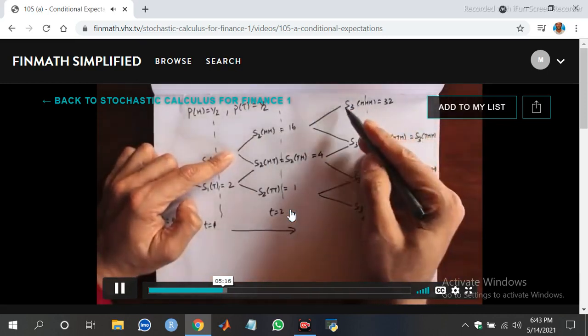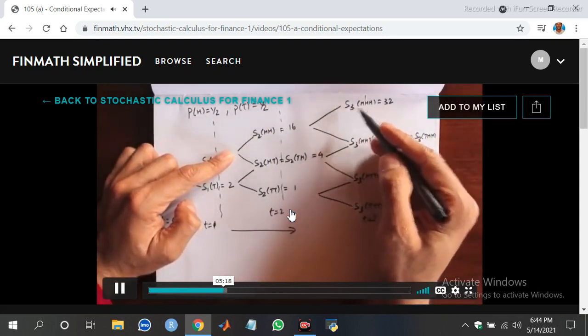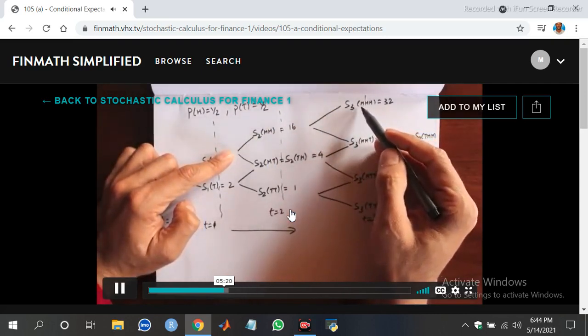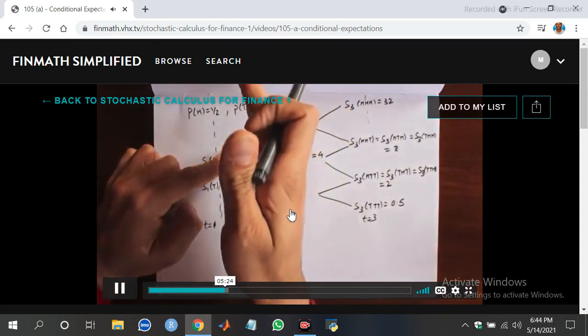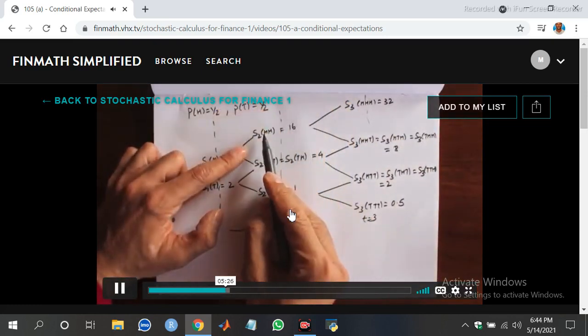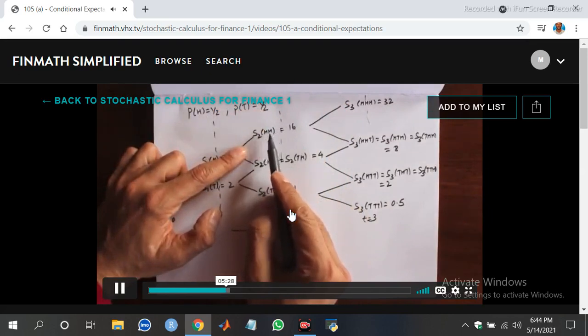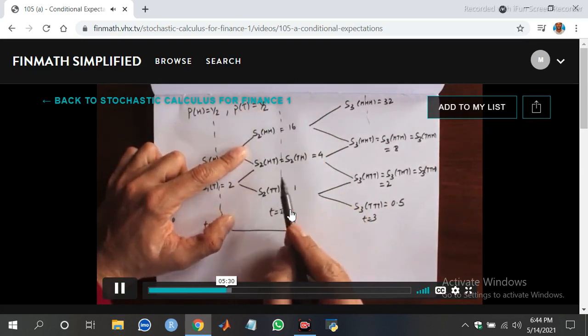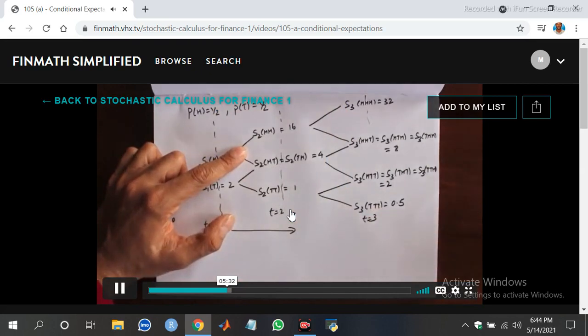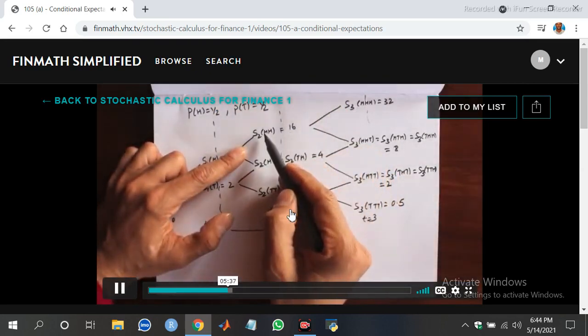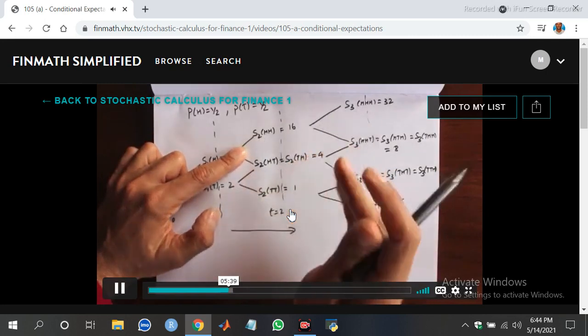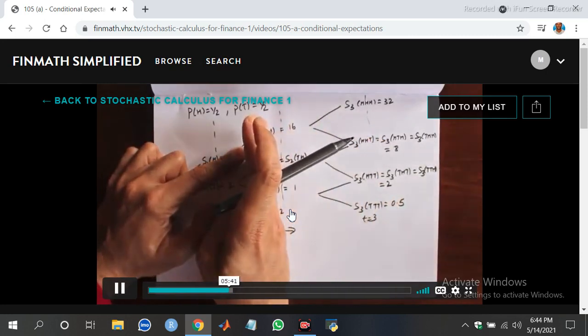Please note that S3 is a random variable whose value depends on the 3 coin tosses. Okay, at time 2, we only know the outcome of the first 2 coin tosses, right? We don't know how the 3rd coin toss will behave. So we need to estimate the value of S3 at time 2, and that basically is called conditional expectation.